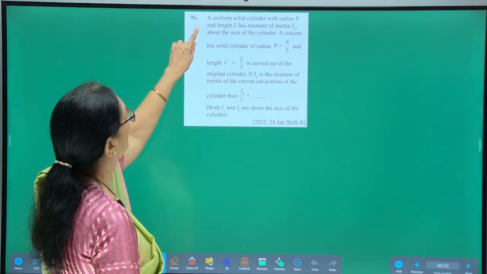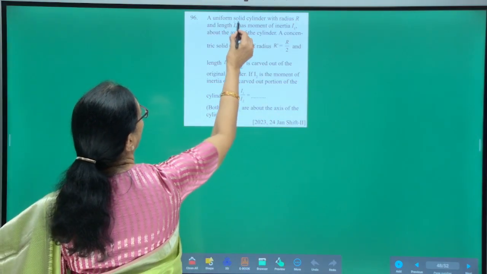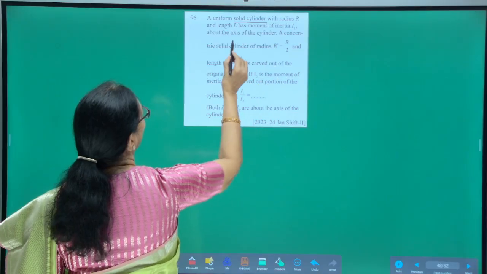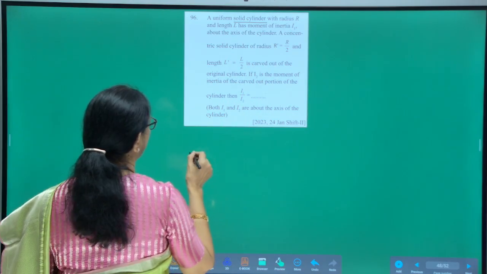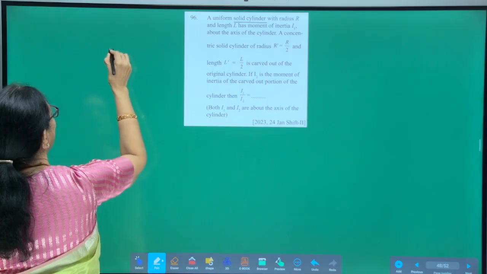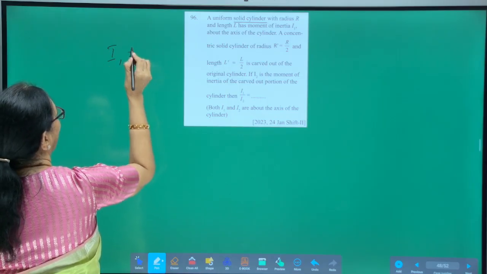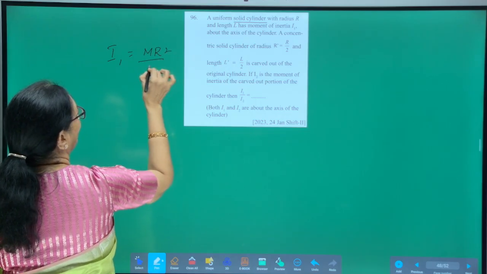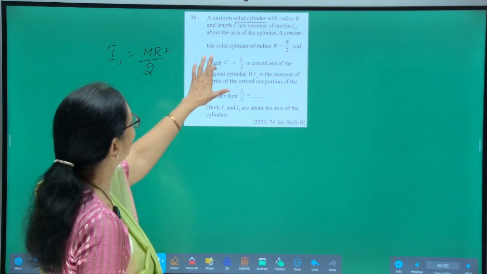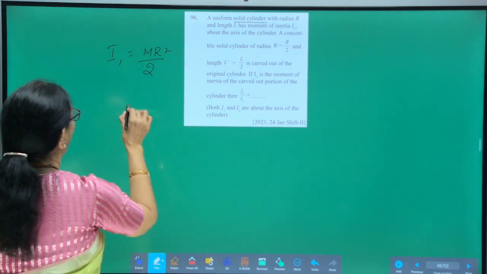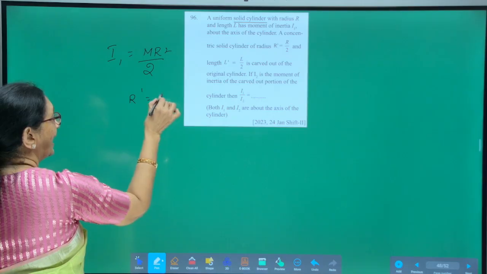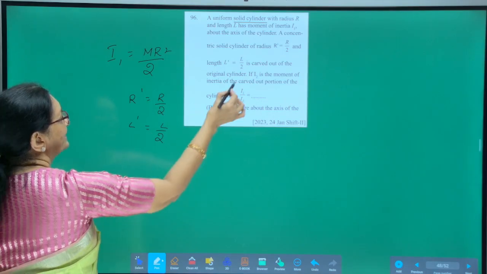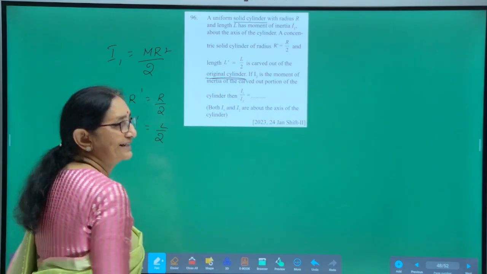A uniform solid cylinder with radius r, length L has moment of inertia I1 about the axis of the cylinder. For a solid cylinder, moment of inertia about the natural axis is just mr square by 2. A concentric solid cylinder of a radius r by 2 and length L by 2 is carved out of the original cylinder.